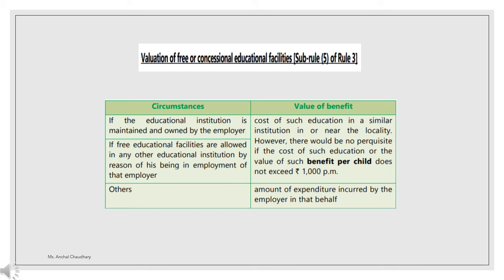However, there would be no perquisite if the cost of such education or the value of such benefit per child does not exceed 1000 per month. In the other case, the amount of expenditure incurred by the employer in that behalf will be your value of benefit.